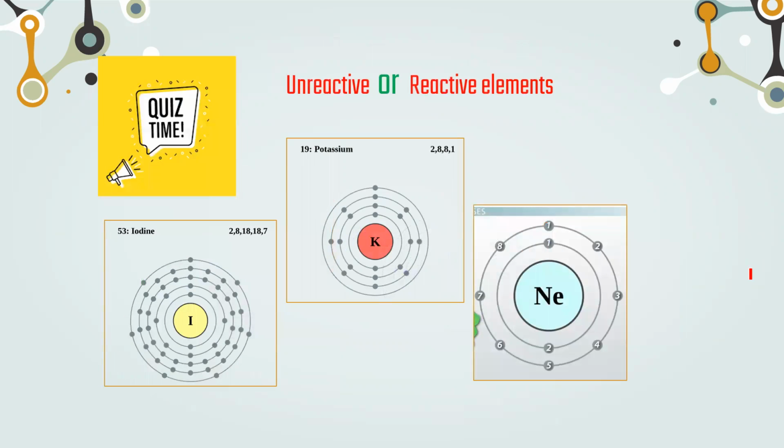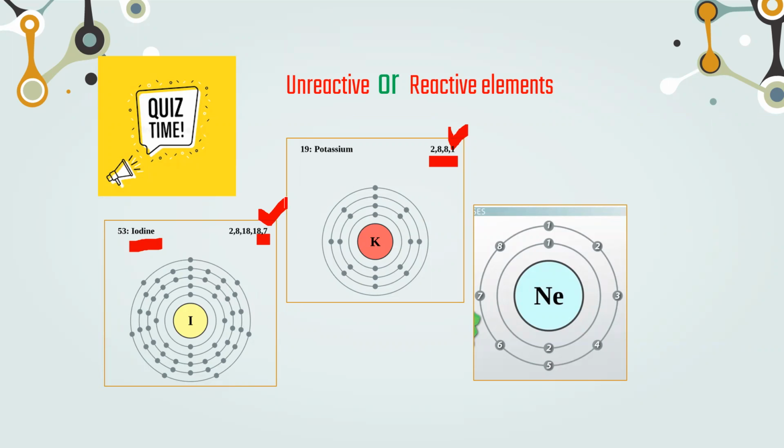Now come towards another example of unreactive and reactive elements. Look at here. This is an iodine atom. Its outermost shell has 7 electrons. Look at this, this is the 7 number. So its electronic configuration is 2, 8, 18, 18, and 7. Now come towards the potassium. Its electronic configuration is 2, 8, 8, and 1. It has only 1 electron in its outermost shell, and iodine has 7 electrons in its outermost shell.